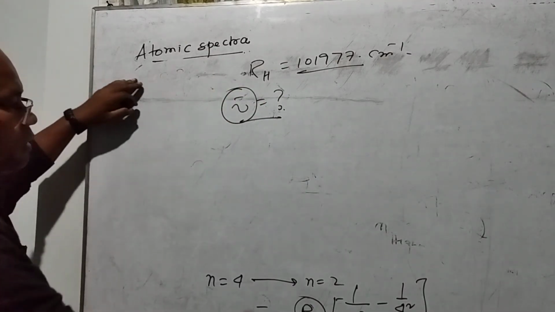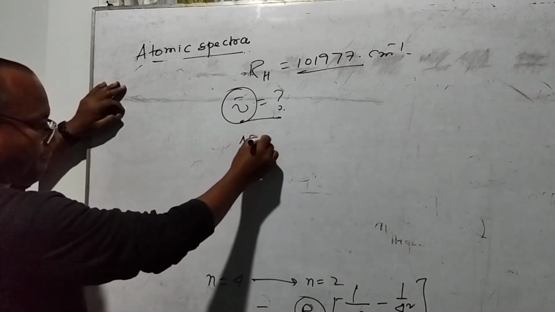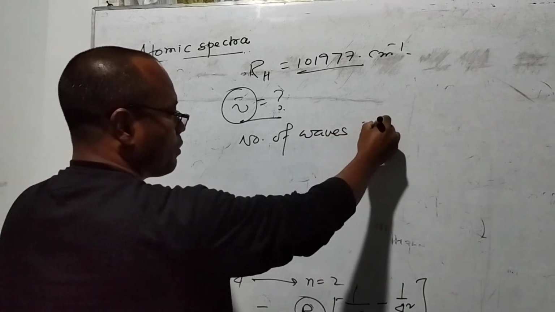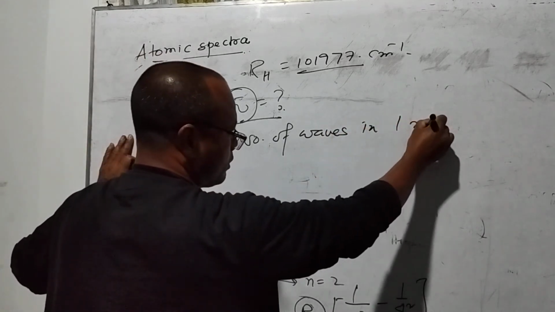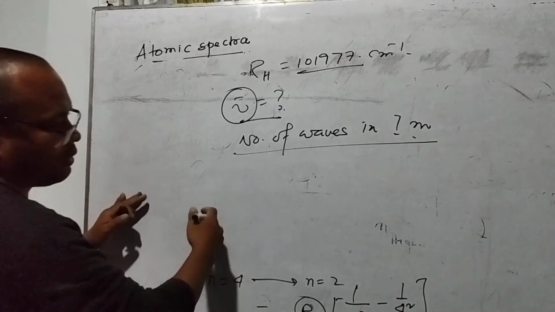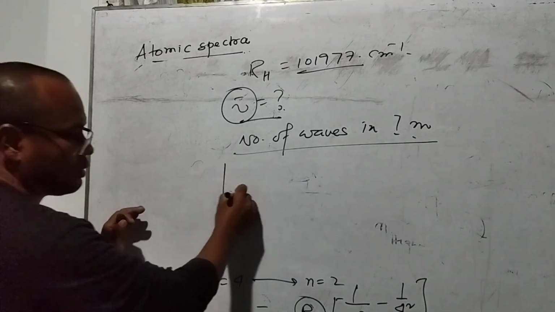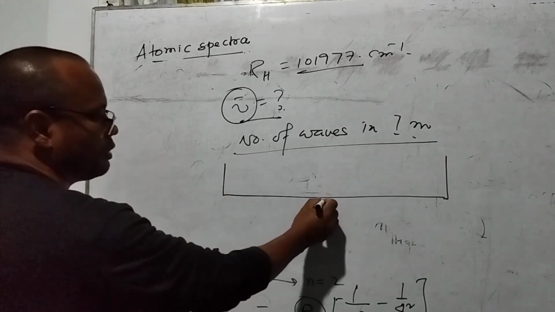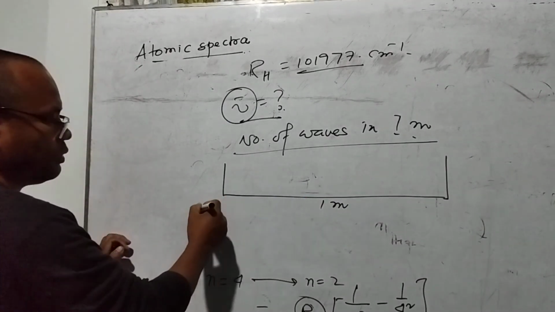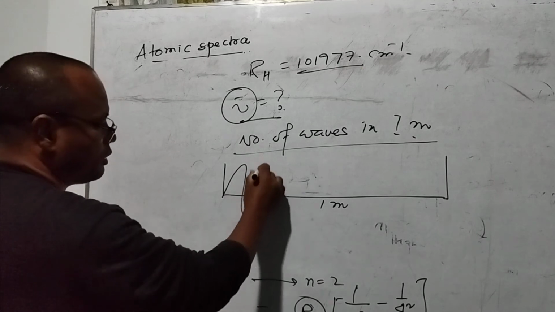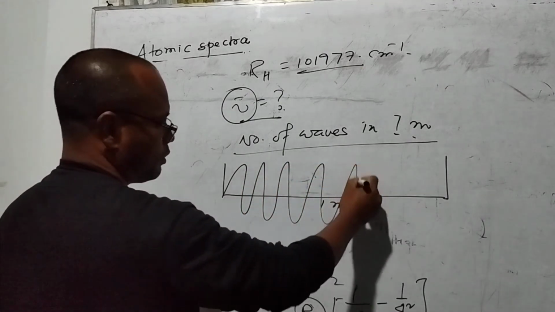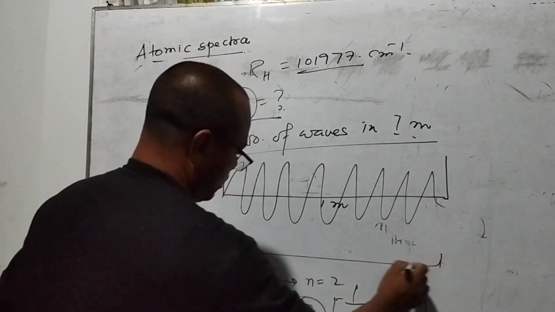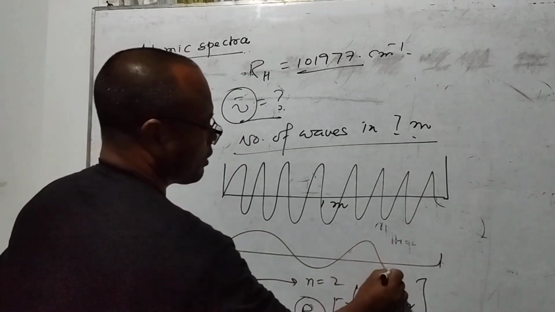Now what is the wave number? Wave number is just the number of the waves in 1 meter. Suppose this is the 1 meter. I can draw a very short wavelength like this, or a longer wavelength like this.